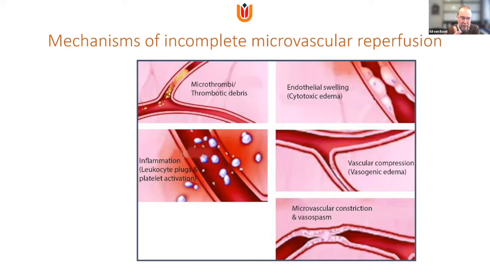There might be microthrombi that clog the microvessels. Endothelial cells might swell because of cytotoxic edema. There might also be clogging of vessels by inflammation, leukocyte plaques, compression by edema, and spasm by smooth muscle cells or pericytes that just close off the blood flow.